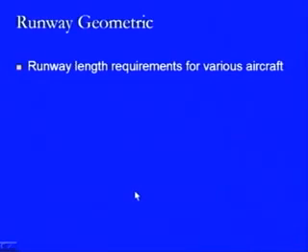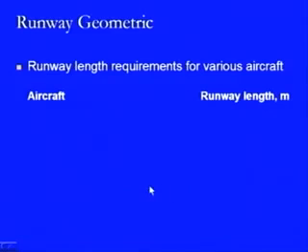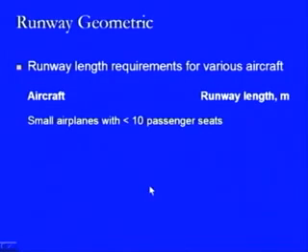Now, the runway length requirement for various aircraft can be seen in this particular analysis, where we are taking the aircraft and the runway length in meters. The aircraft has been defined based on the passenger seats available, and if there is a small airplane having passenger seats less than 10, then it is dependent on how much fleet we are talking about.